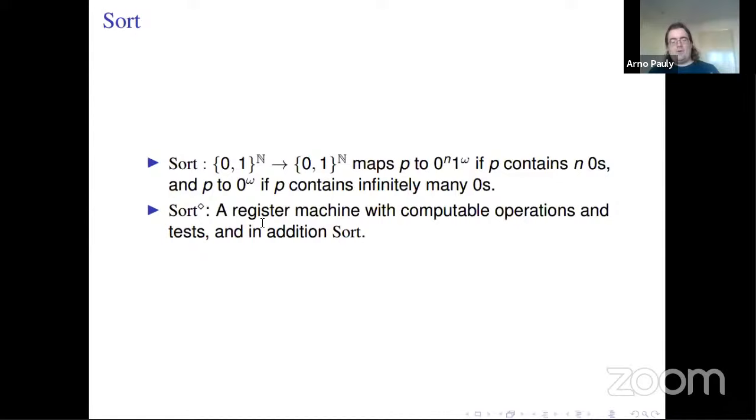And this problem, that's again the idea there: we have a register machine containing, say, infinite binary sequences and reals all as basic types. But now we can do all computable operations, tests, and so on. And we can sort these Baire space elements.